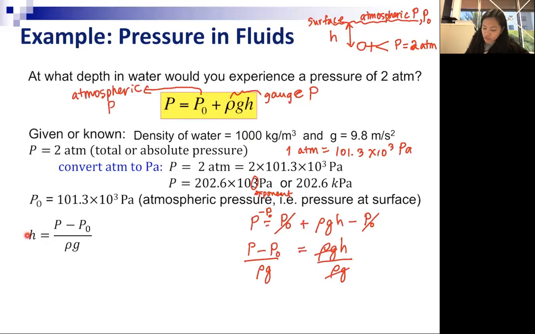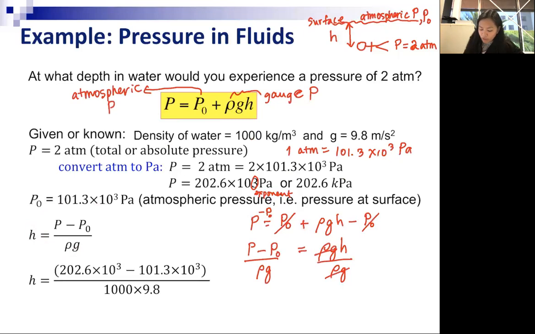And then you have H is equal to P minus P0 divided by rho times G for the rearranging of H. And we know everything. We know the total pressure converted to pascals minus the atmospheric pressure, which is a constant number, that's the pressure at the surface of the water, divided by the density of water times gravitational acceleration. That will give you a depth of about 10 meters.